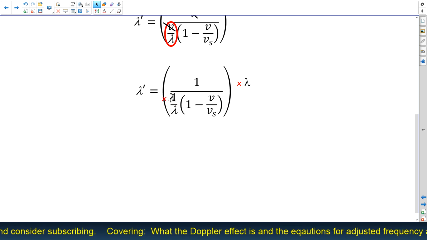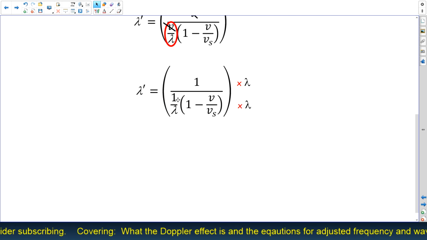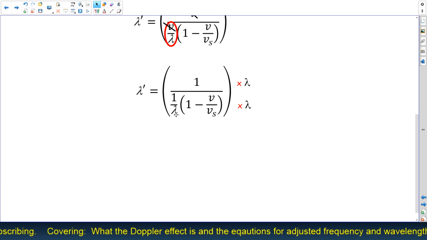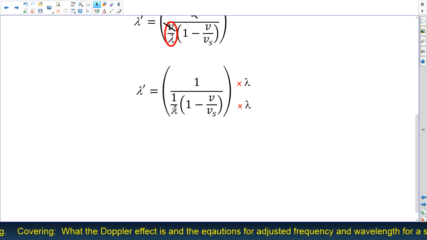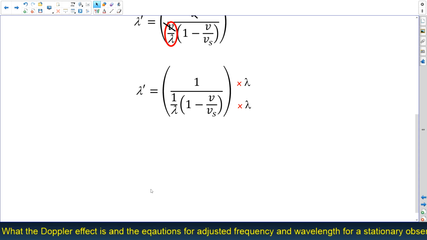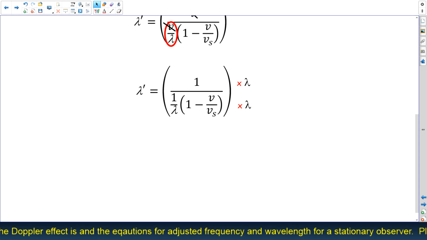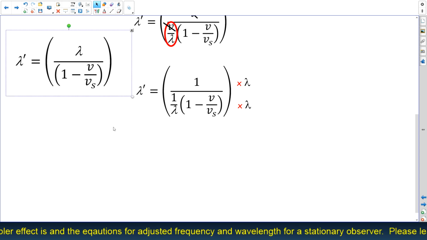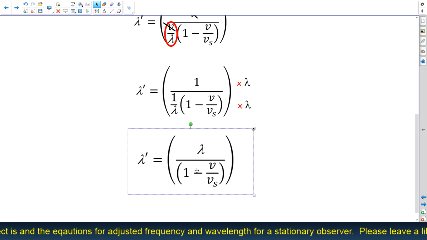The result of that will put a lambda there to give me lambda over lambda, which will destroy that fraction, which is what we're after. And that will give me a slightly different equation, which is this.